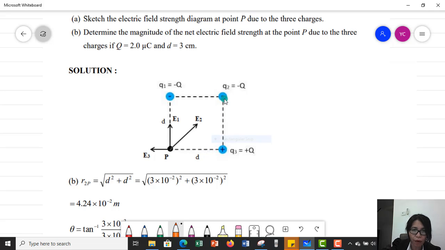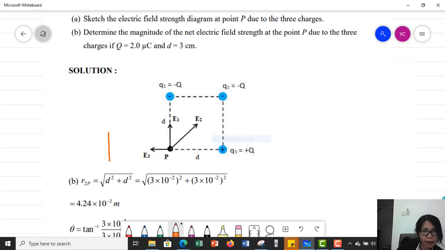But for the distance from point P to charge Q2, we have to calculate using the Pythagoras theorem. The distance will be the square root of D squared plus D squared, because it's a right triangle.